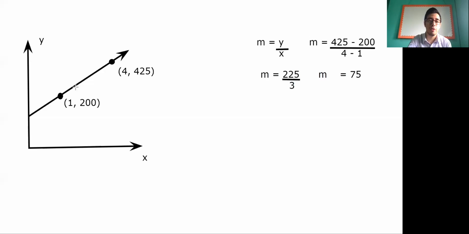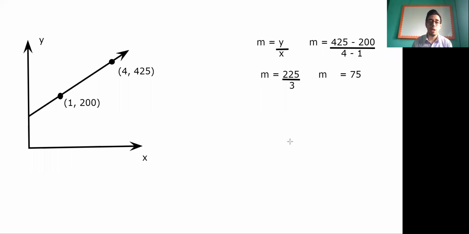So if, for example, I have 1 hour, 2 hours, 3 hours, each hour is going to cost 75. So the slope in this case represents the cost for 1 hour. You also have it at the beginning, in the drawing, where DJ Dave has the rates. The hourly rate is 75. It's the same we obtained using the slope. So this is the price for 1 hour.